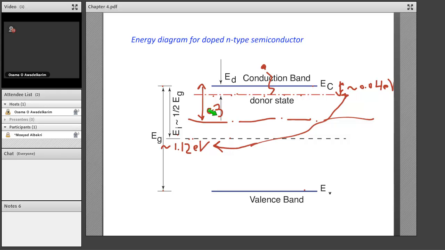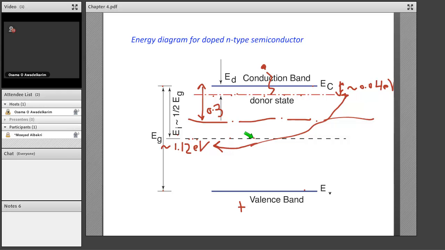Remember, the Fermi level in an intrinsic semiconductor is almost at the middle of the gap. That makes sense: if the number of electrons and the number of holes in an intrinsic semiconductor are equal, then the Fermi level, which tells you about the occupation of states, is in the middle.